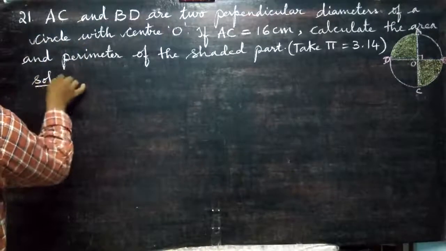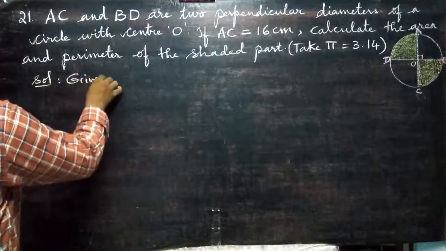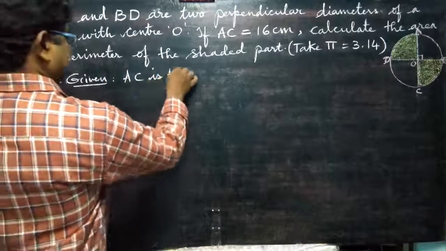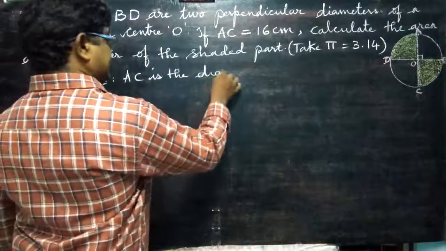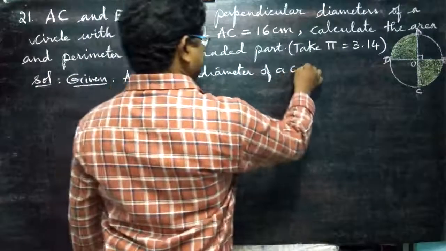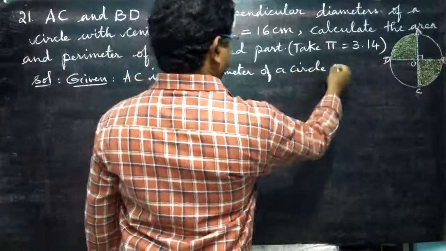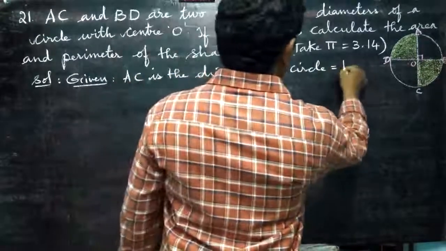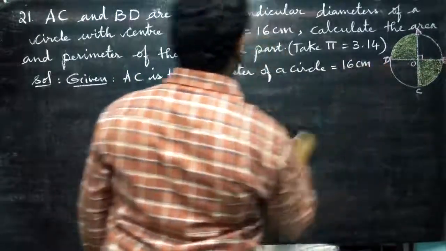Solution given. AC, the diameter of a circle, is equal to 16 centimeters.